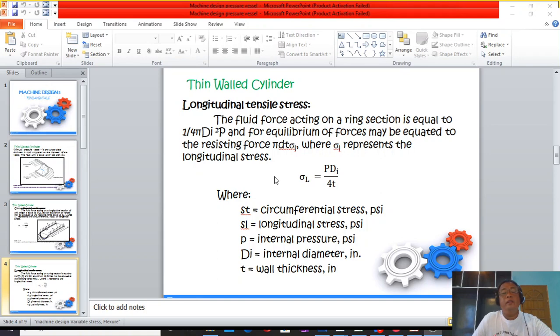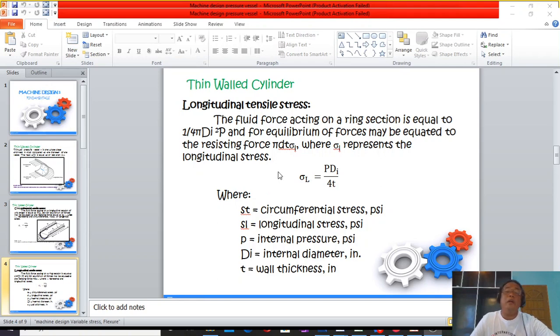Take note, class, which stress or which section will fail first. Of course, the failure is along the tangential, the tangential failure or axis. So that is the first failure.